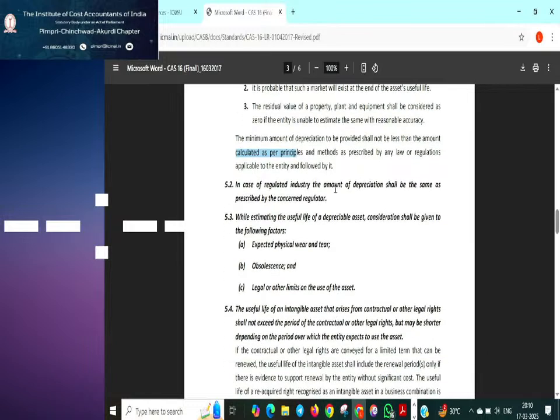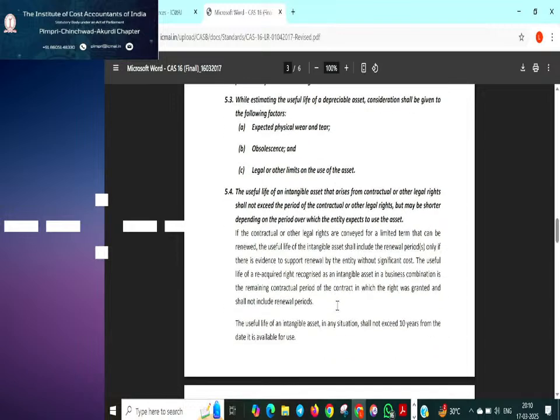While estimating the useful life of a depreciable asset, what are the things that we got to take into consideration? Expected physical wear and tear, obsolescence, legal or other limits on use of the assets. What about the useful life of an intangible asset that arises from contractual or other legal rights? It shall not exceed the period of contractual or other legal rights, but may be shorter depending upon the period over which the entity expects to use the asset.